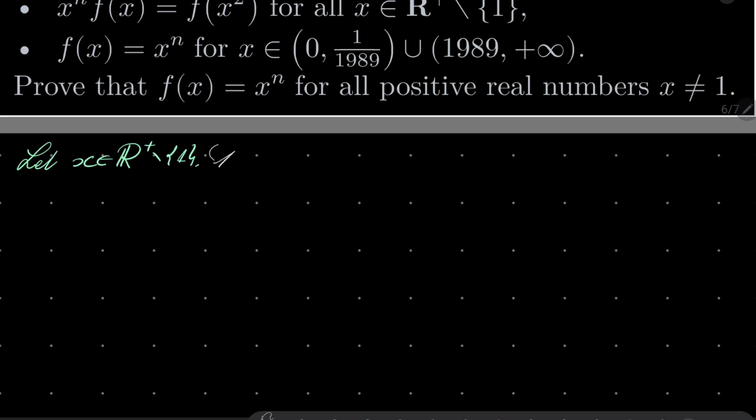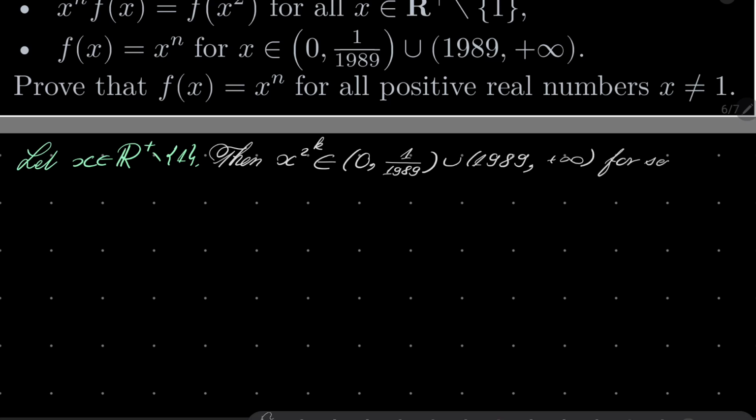Then it is obviously true that x to the power 2 to the power of k is going to be, as I said, in this interval or in this interval, for some sufficiently large positive integer k.